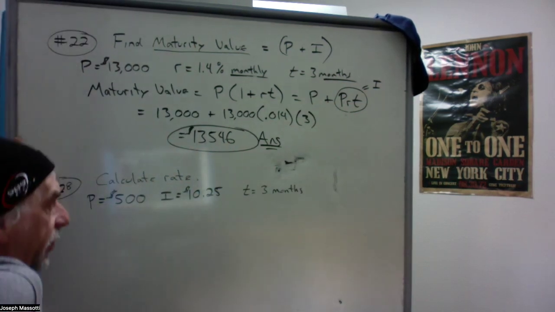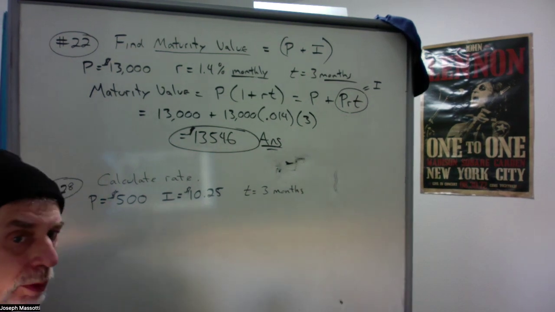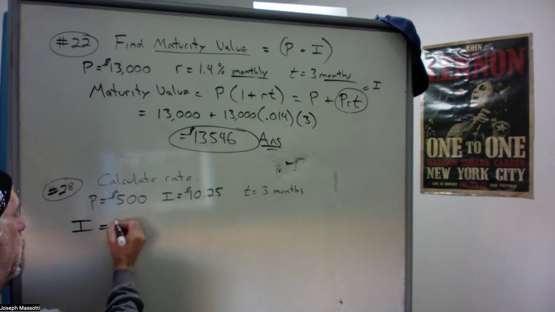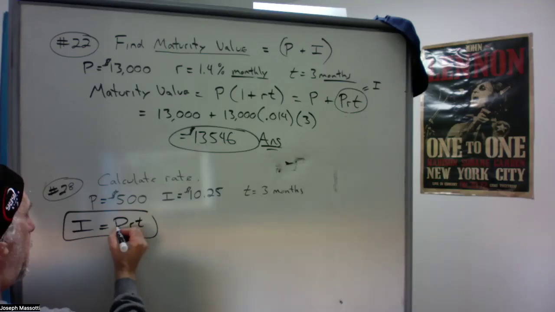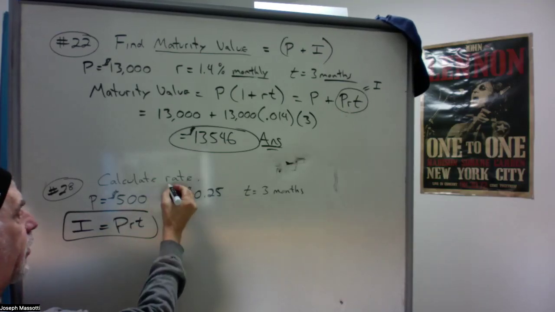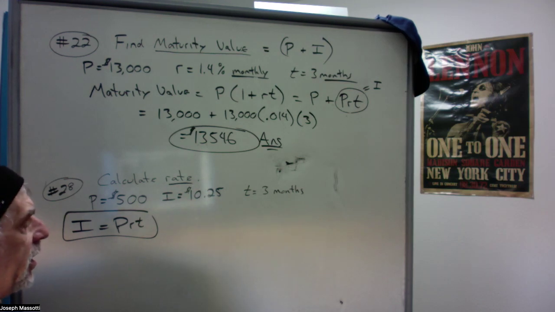And sometimes you'll be asked for another unknown in the formula. So here we're using the same interest formula, PRT. But here we're given the P, the I, and the T. So we're looking for the rate. So it's just a different unknown.